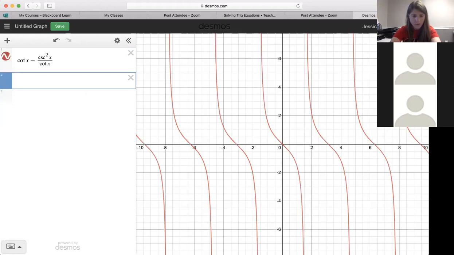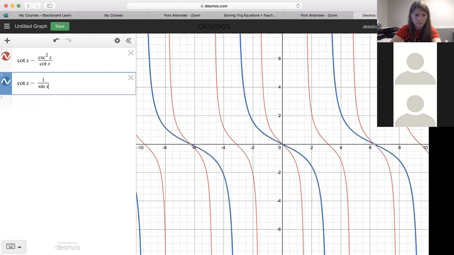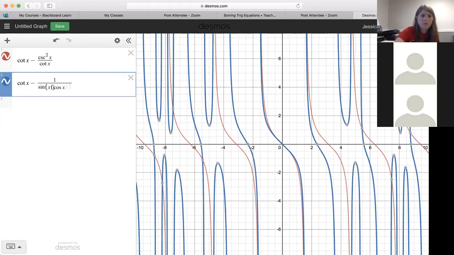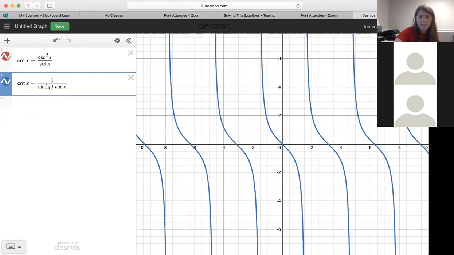And then let's go ahead and do the tangent of x. Sine of x, cosine of x. Okay, it wants us to be a little more careful here. So let's do this. When we see those errors, it's saying, hey, I didn't know what you wanted as the argument. Now, notice on this particular picture that everything lines up.